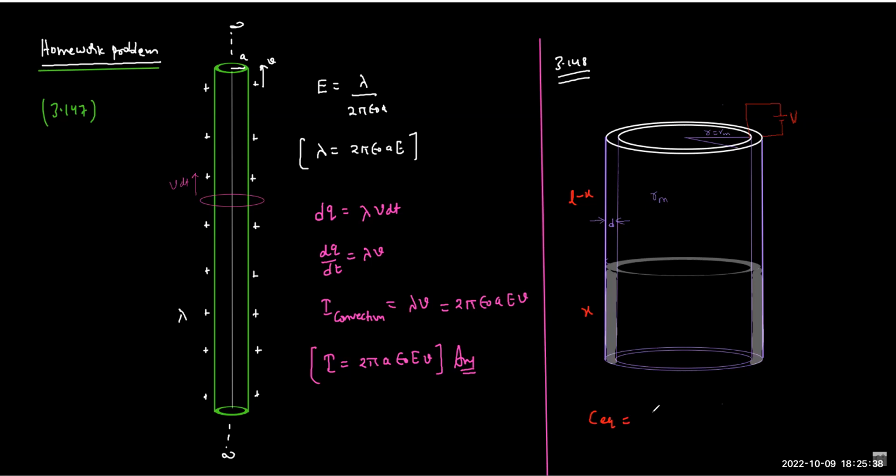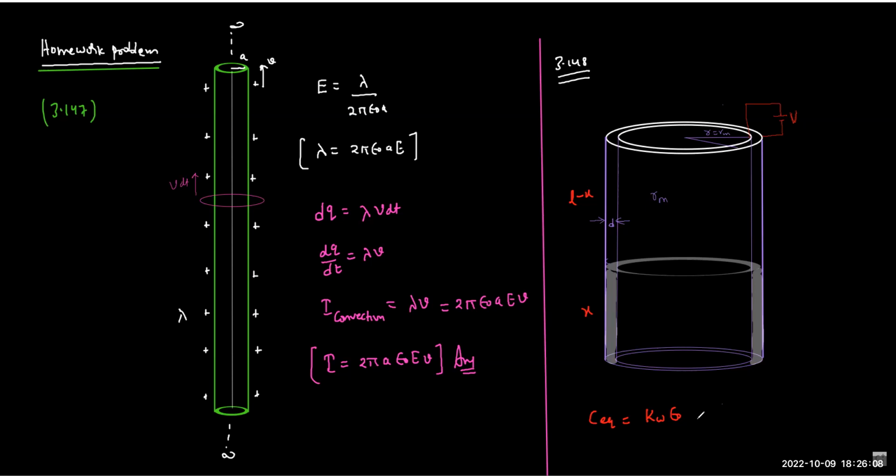So we prepared the formula as K water, so dielectric constant K epsilon naught. What is the area of water? Water is up to X height of the cylinder. So what is the surface area of a cylinder of height X and radius R?